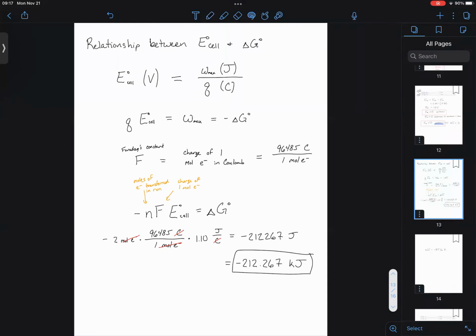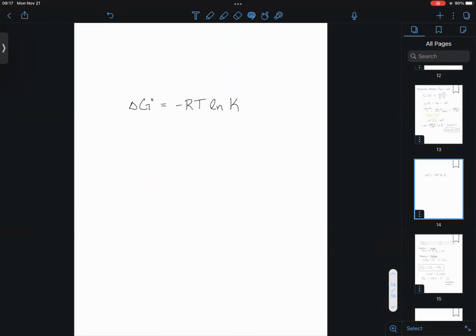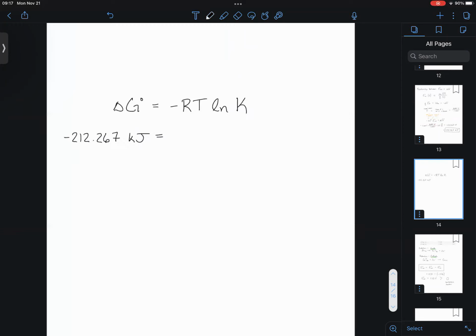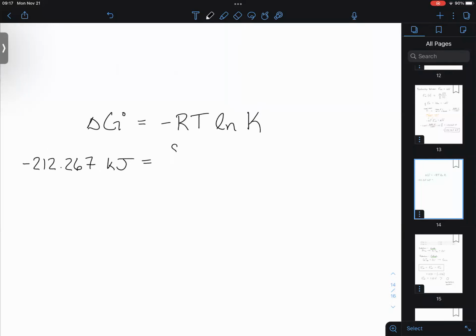So if we then take our delta G value, remember, R is going to be 8.314, but that's joules. So we're going to divide that by 1,000. All right. And then what is my temperature?